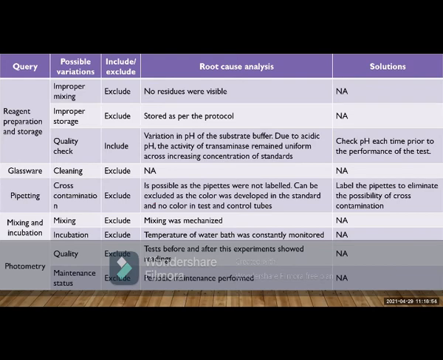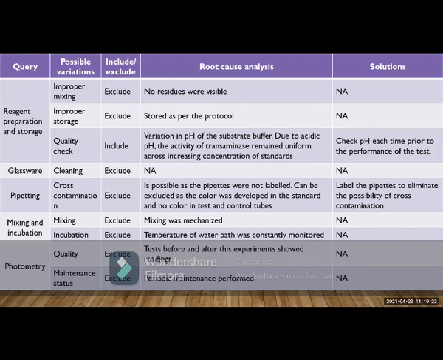If there was some cross contamination, at least the first set who performed should get a proper result. But across every set of tubes we have seen, the color has not changed. It is the same. And every control and test tube does not develop any color. So for this reason, we exclude cross contamination from the pipette as the reason for our problem.